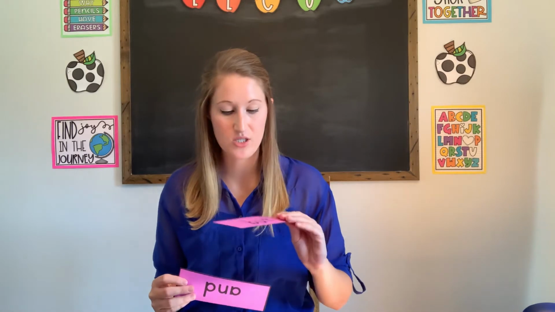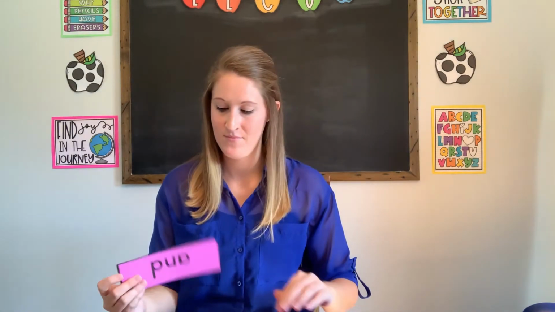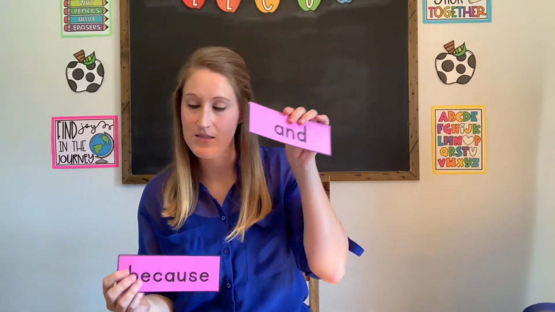An example of a conjunction is but, and because. These are all conjunctions that we use to help link phrases and sentences together, right? A lot of the times with conjunctions, we also see a comma being used, but that's not always the case, okay? So sometimes we see it, sometimes we don't.